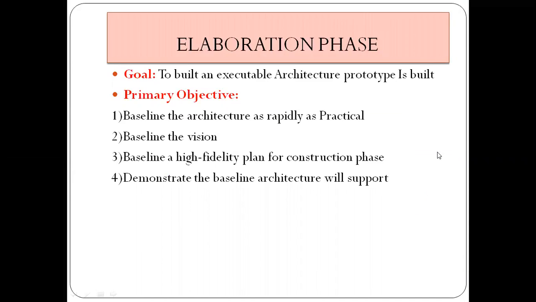It must ensure that the architecture, the requirements and the plans are stable enough, and the risk sufficiently mitigated, that the cost and the schedule for the completion of the development can be predicted within an acceptable range. So this is the reason why it is an important phase. Now, the main goal of this elaboration phase is to build an executable architecture prototype.